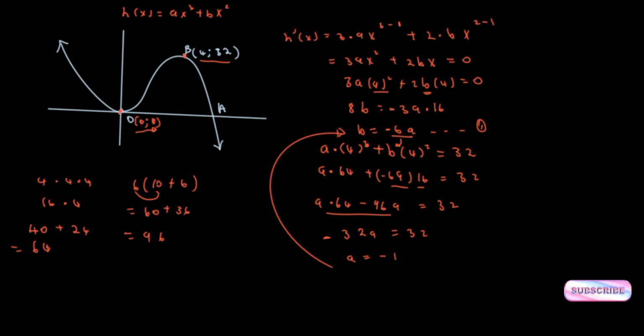Let me change the pen first. b is given by -6 multiplied by -1, so the value of b is +6. Now let's rewrite this equation. Our a is -1, so it's negative x cubed plus b, which is 6, multiplied by x squared, just like that.